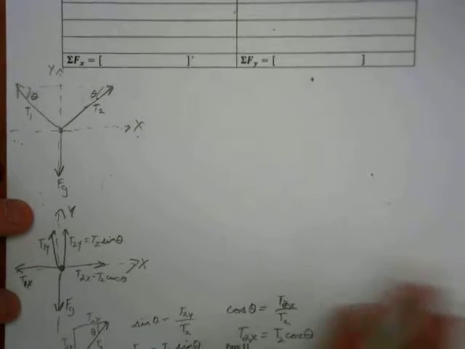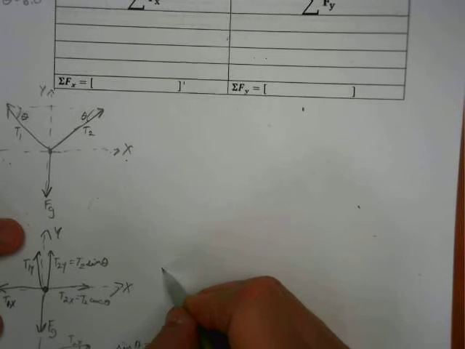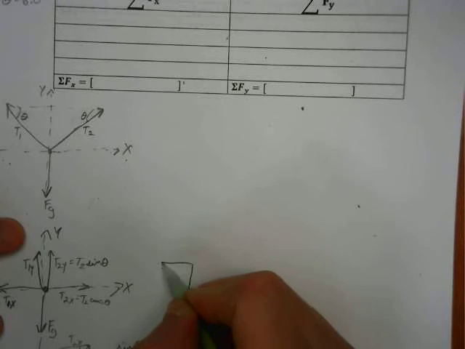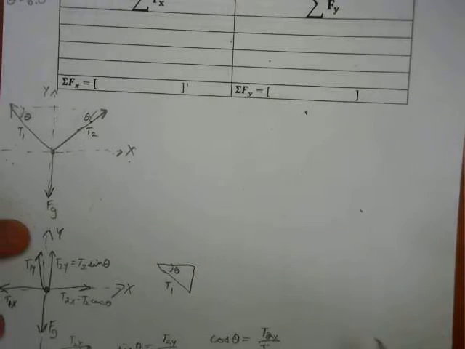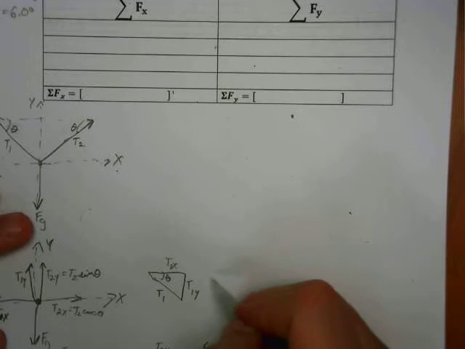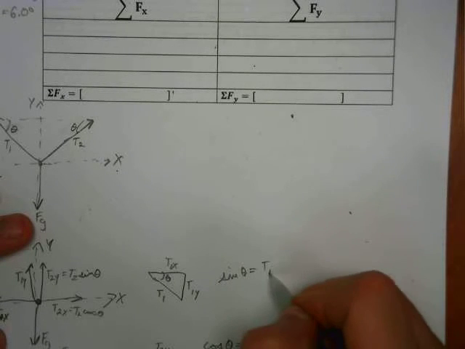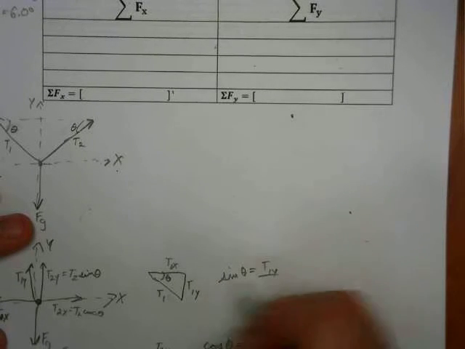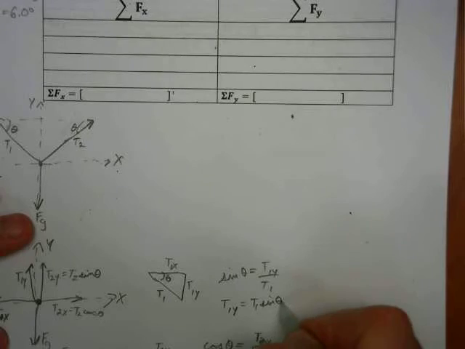Now, if I were to really do this rigorously again, we have T1, T1y, and T1x. So sine of theta equals the opposite T1y over the hypotenuse T1. So T1y equals T1 sine of theta.